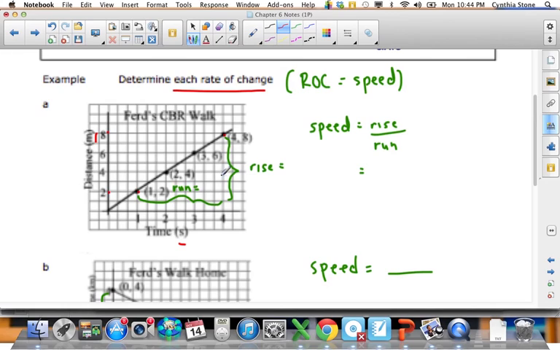So my rise is 6. Between those 2 points, it went up by 6. And my run between this point and this point went from 1 second to 4 seconds. So my horizontal distance is 3. 1 to 4 is 3. So that means my speed is 6 over 3, which is 2. And you always have to include units. So it's meters per second.